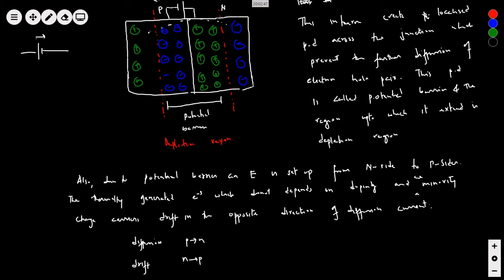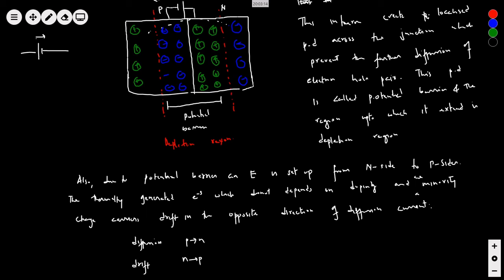In the P side, electrons are the minority charge carriers. Although I am giving this as a general statement, they will be formed in the N side as well, but extremely few in both N and P. Let us consider the P side. The electrons on the P side will be pushed towards the N, and the holes will be pushed from the N to P.